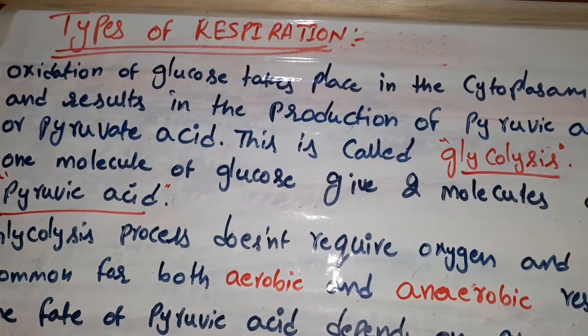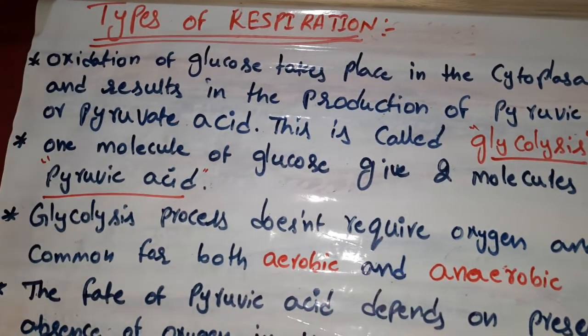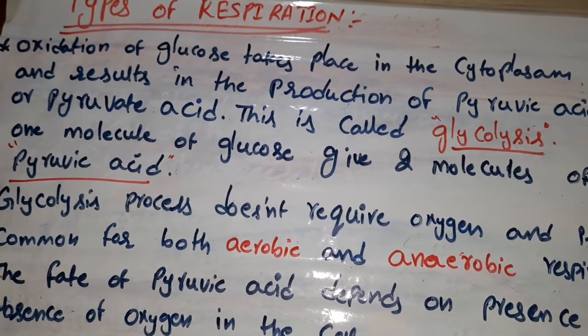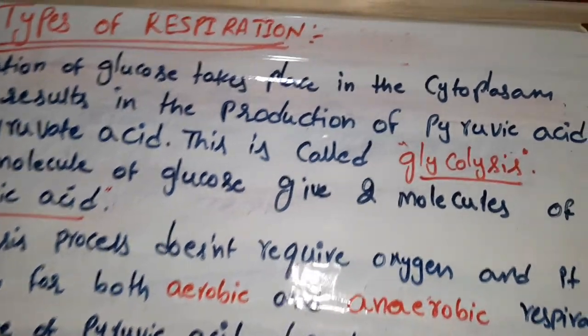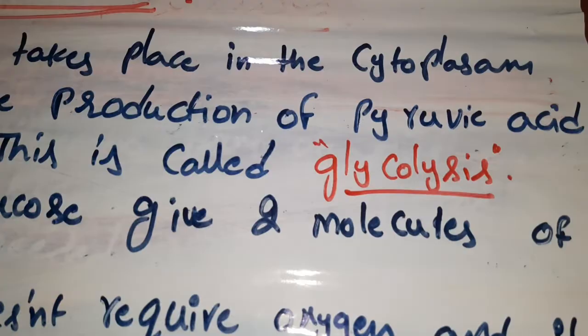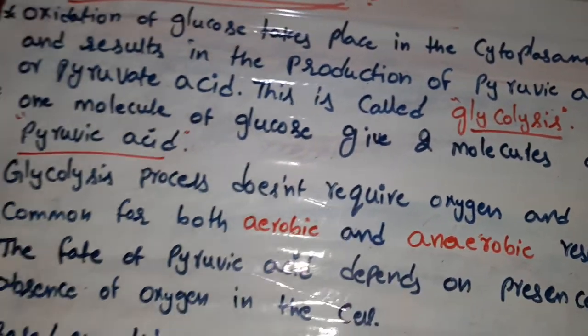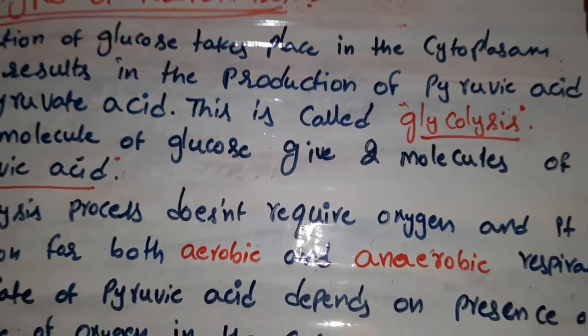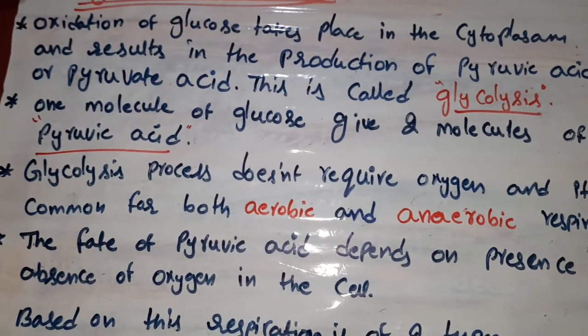So oxidation of glucose takes place in the cytoplasm and results in the production of pyruvic acid. The glucose enters the cell, in the cytoplasm, and pyruvic acid is produced, so we call it glycolysis. One molecule of glucose gives two molecules of pyruvic acid.